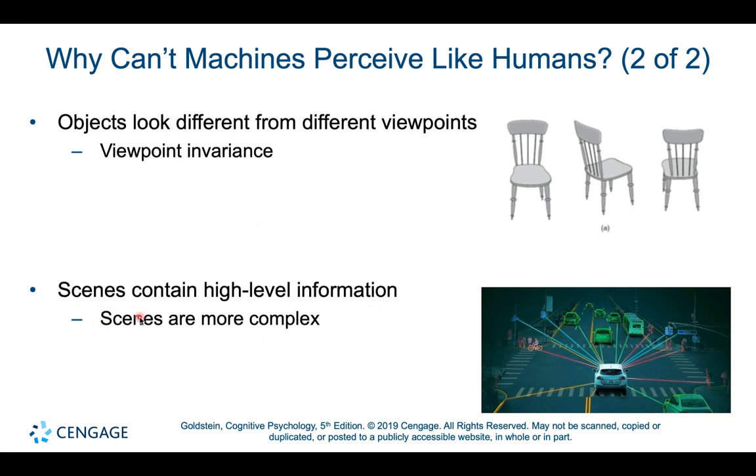And lastly, scenes are super complicated, right? We'll take the example again of a self-driving car. This self-driving car has an unbelievable amount of information to try and take in. It has to take in the basic structure of the road and the lanes, how wide things are. Is this a double line or a dotted line? It's perceiving the other vehicles and making changes based upon what those vehicles do.